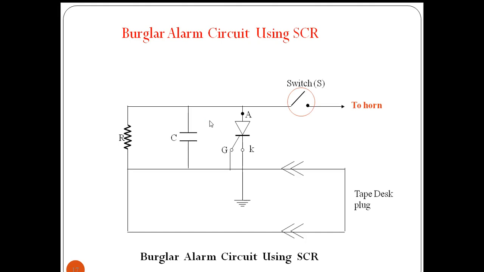So this is the connection diagram of the burglar alarm. It mainly consists of the thyristor, that is the SCR, and we have a resistance and a capacitance. Here the gate circuit will be normally grounded through this tape deck, and here we have a switch which is connected to the horn, and this circuit will be connected with a single phase AC supply.